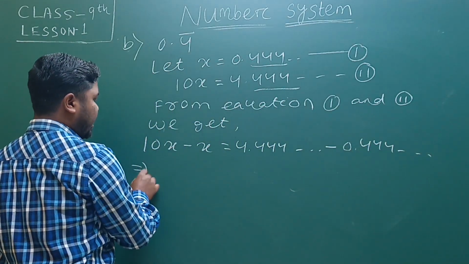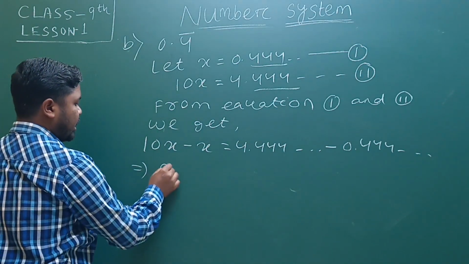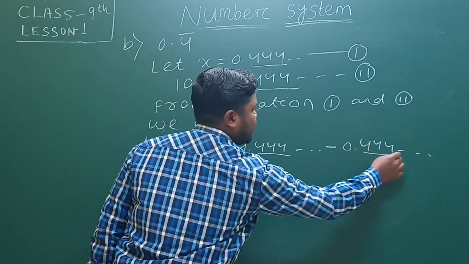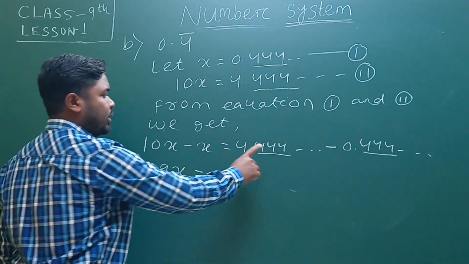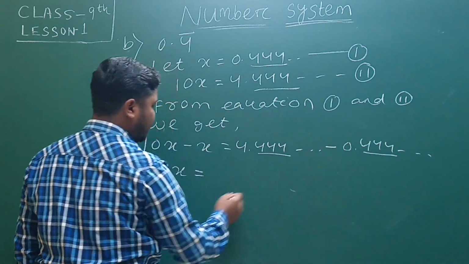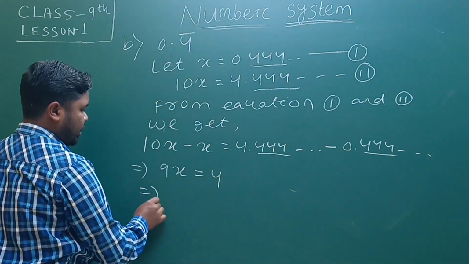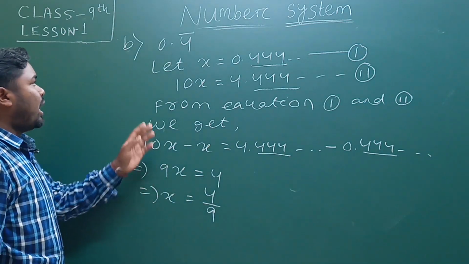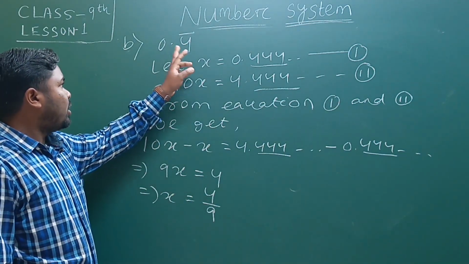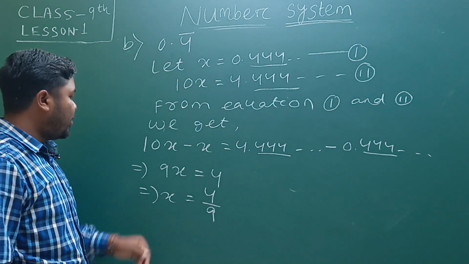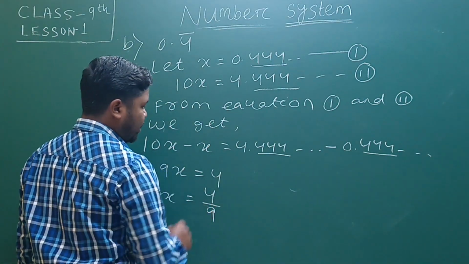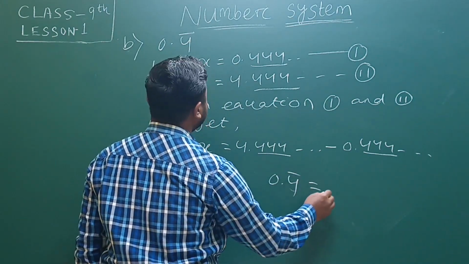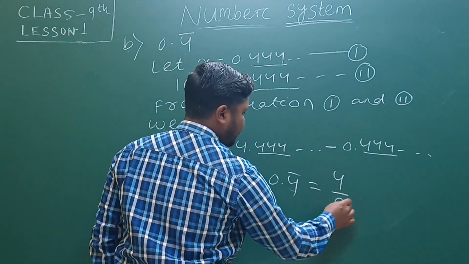So 10x minus x equals 9x, and after the decimal points the numbers are the same, so it's 0, then 4 minus 0 is 4. So x equals 4 upon 9. After we solve this decimal into a fraction, we get 4 upon 9. So 0.4 repeating we can write as 4 upon 9.